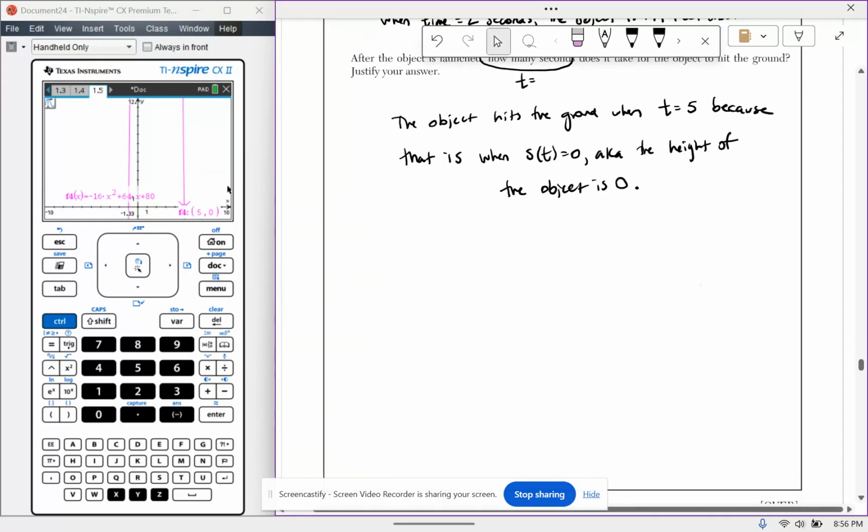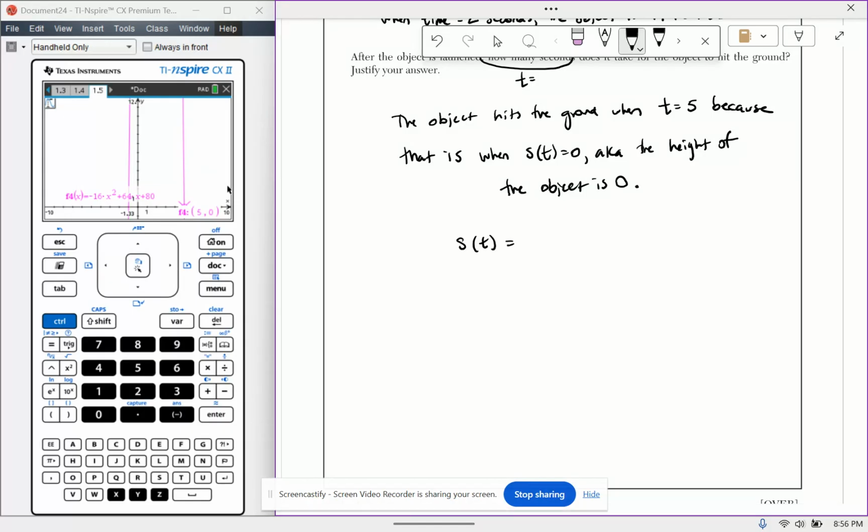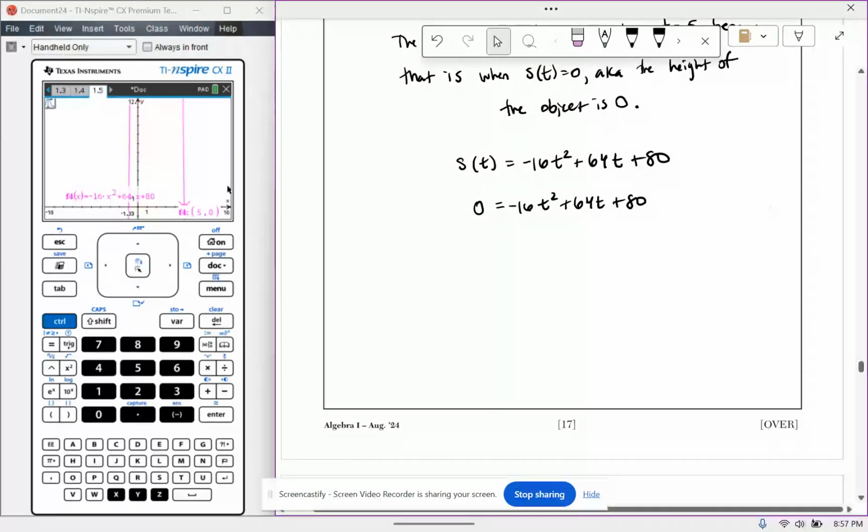Okay? You could also justify it algebraically if you want. So if s of t is modeled by this function here, when I want to find where this guy is equal to 0, I would factor out a GCF.